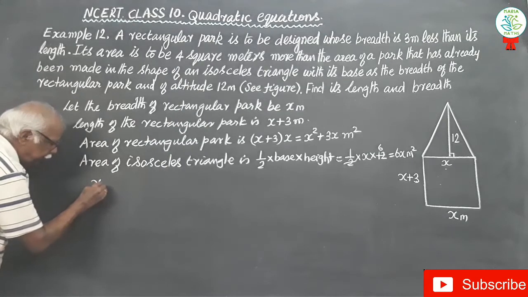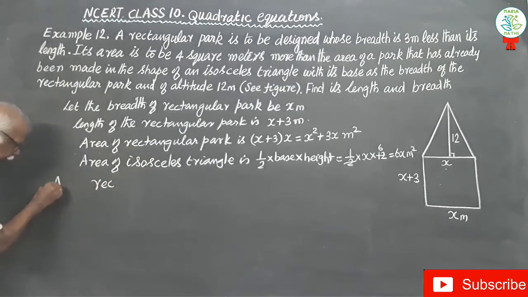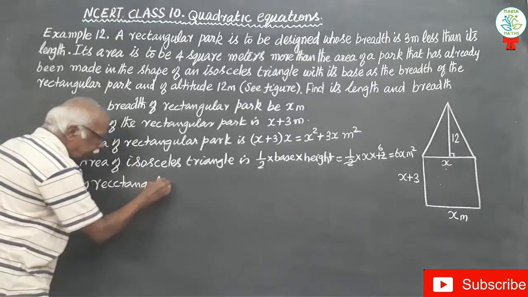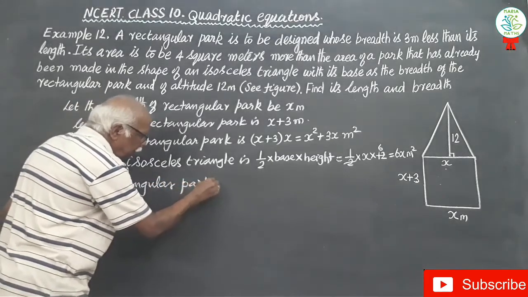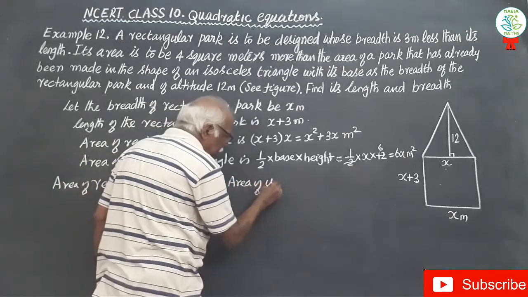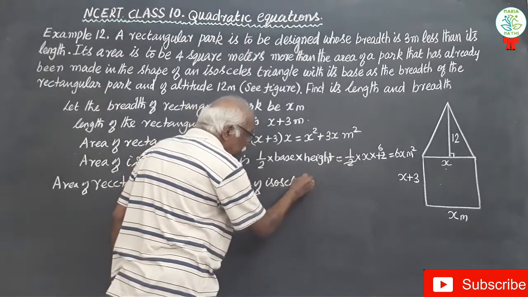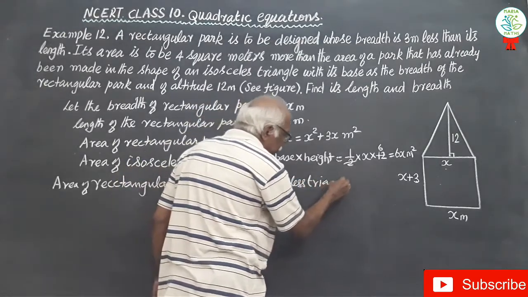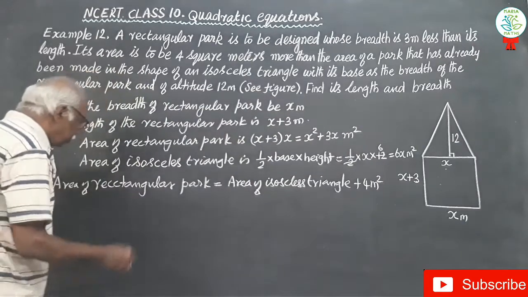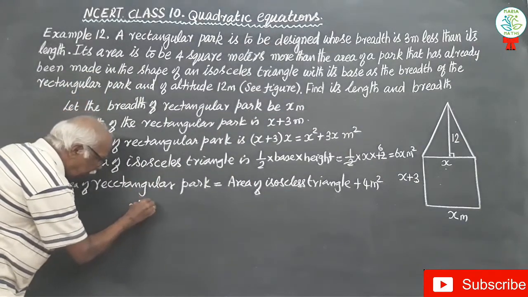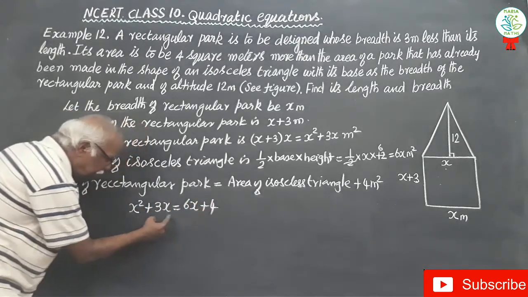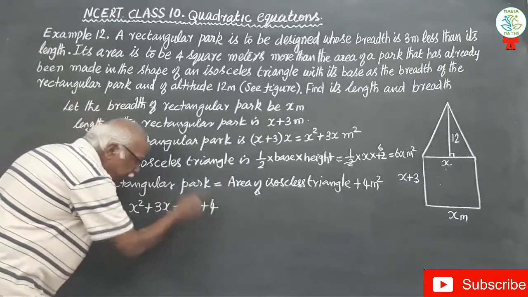Area of the rectangular part is area of the isosceles triangle plus 4 meter square, so x square plus 3x is equal to 6x plus 4.